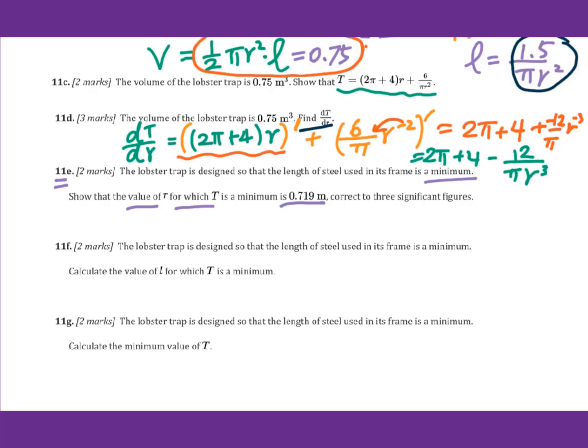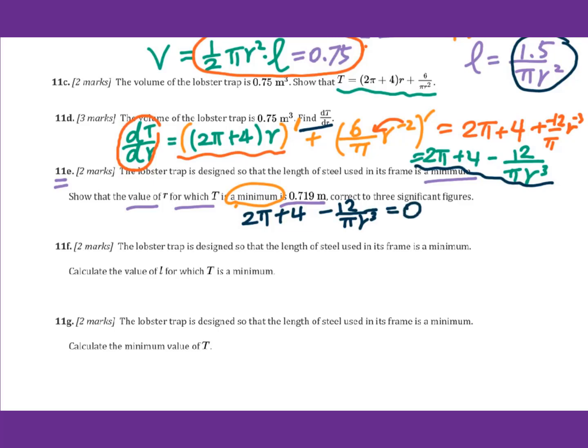In other words, we are looking for a minimum. So we need to set dT by dr equal to 0, and solve for this r. So we have 2 pi plus 4 minus 12 over pi r to the third power equals 0.